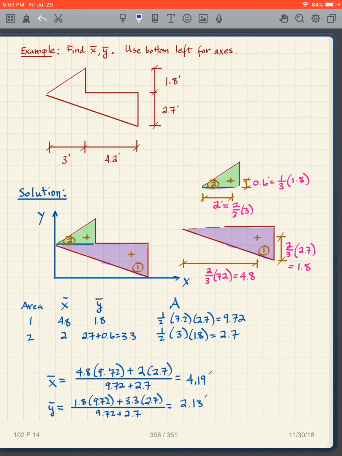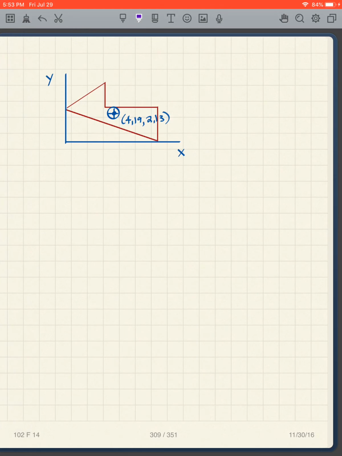And both of them have A1 plus A2 in the denominator. So then I just work out the math, and that's what I get. So I now have the location, 4.19, 2.13, and I can put it onto my area right here.